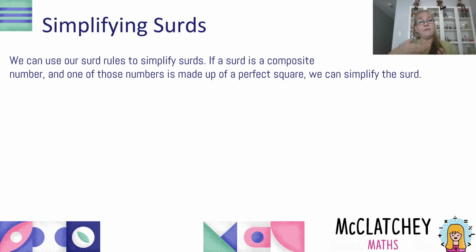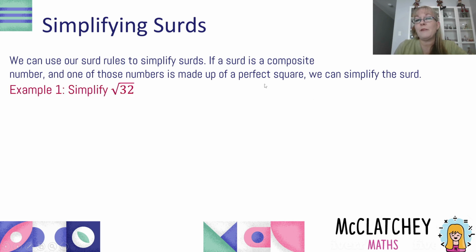Well, one way of thinking of that is to go from the number 2 and just move up. 2 squared is 4. 4 is a perfect square. 3 squared is 9. 9 is a perfect square. 4 squared is 16. 16 is a perfect square. If you know your numbers, maybe up to 12, 2 squared, 3 squared, all the way up to 12 squared, and some other ones like 20 squared, 15 squared, it makes it much easier to work out if one of those perfect squares is a factor of our original surd. We can simplify that surd further.